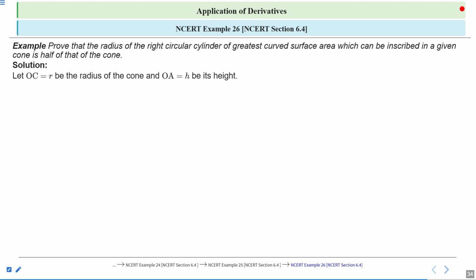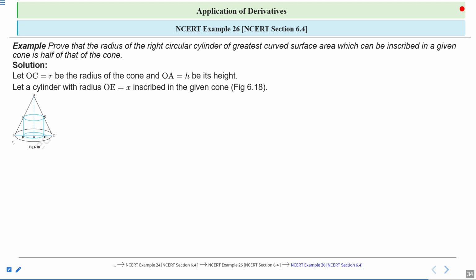Let OC equal to R be the radius of the cone and OA equal to H be its height. Let a cylinder with radius OE equal to X be inscribed in the given cone. You can see figure 6.18.